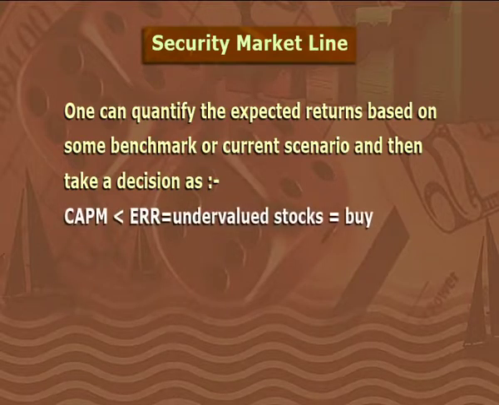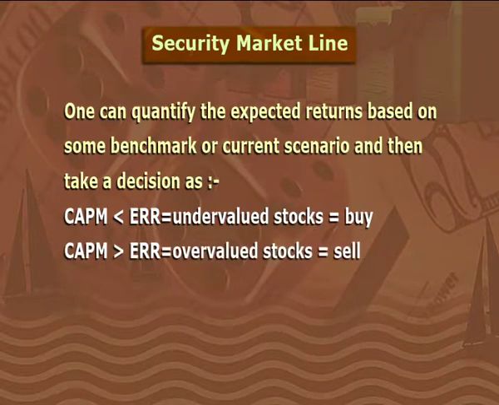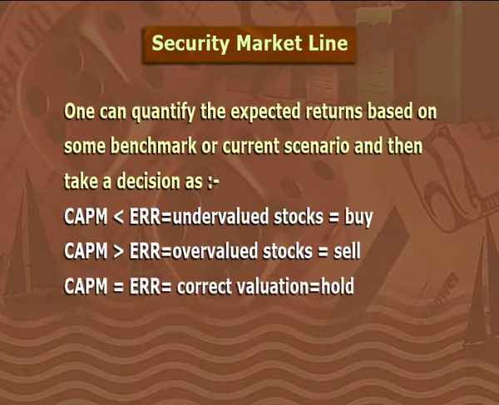If CAPM is less than the expected rate of return, the stocks are undervalued and hence can be bought. If CAPM is greater than the expected rate of return, the stocks are overvalued and hence can be sold. If CAPM is equal to the expected rate of return, the valuation seems to be correct and the investor can hold the same.